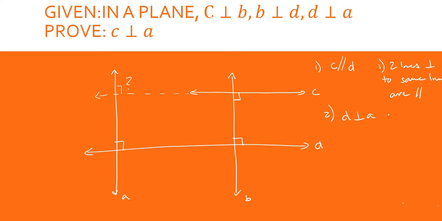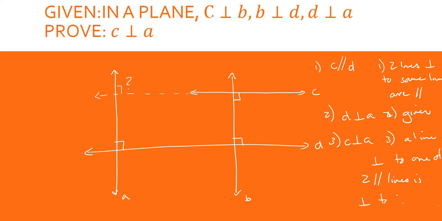D is perpendicular to A, that's a given, and c therefore is perpendicular to A because a line perpendicular to one of two parallel lines is perpendicular to the other.